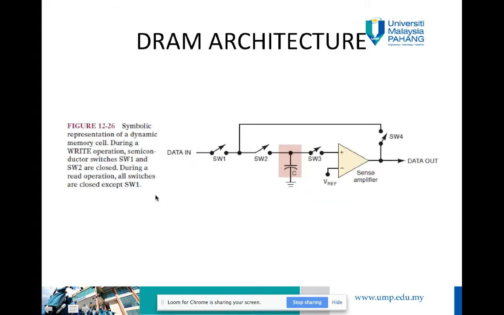Figure 12-26, symbolic representation of the dynamic memory cell during write operation. Semiconductor switches SW1 and SW2 are closed. During a read operation, all switches are closed except SW1.